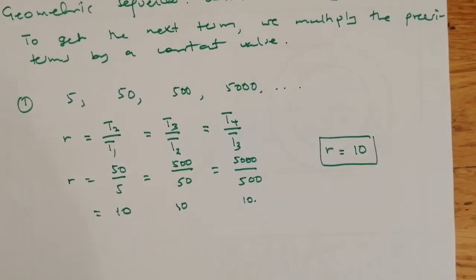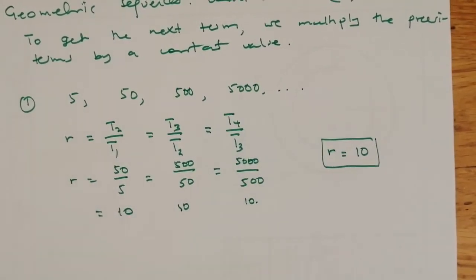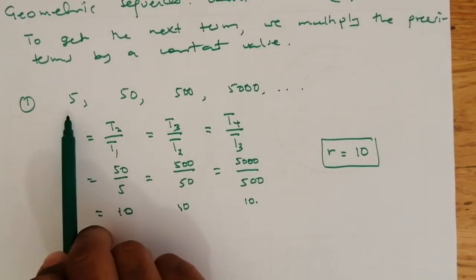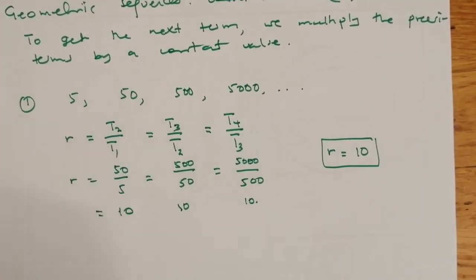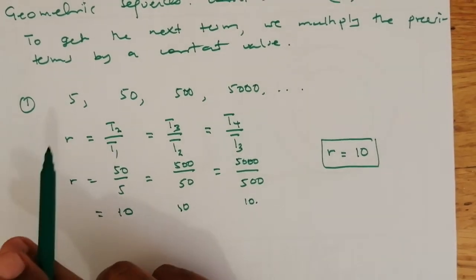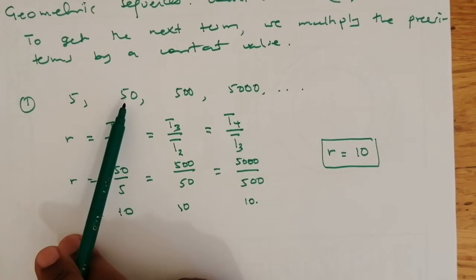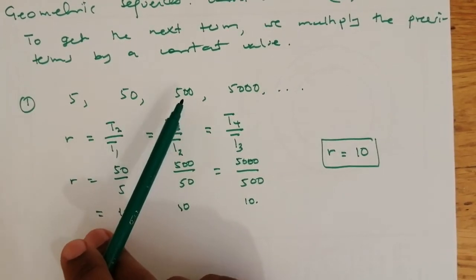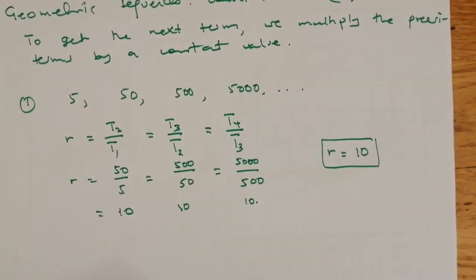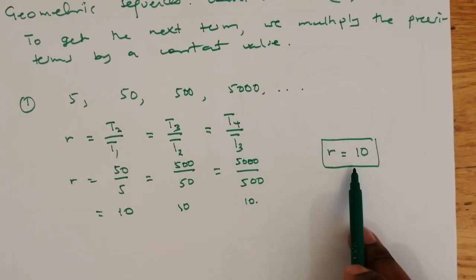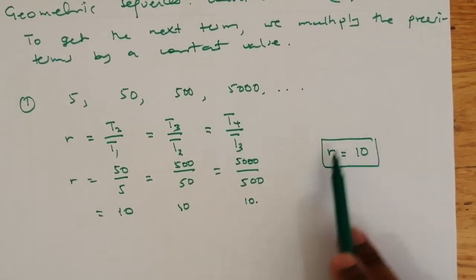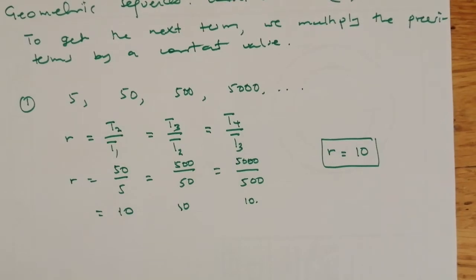Okay, so this is a geometric sequence because there exists a common value that will multiply the previous term to get the next term, right? And also, guys, if maybe we had 5, 50, and then we had maybe a different value here that was not gonna be multiplied by the same value, right? As R is equal to 10, then that would not be a geometric sequence, right?